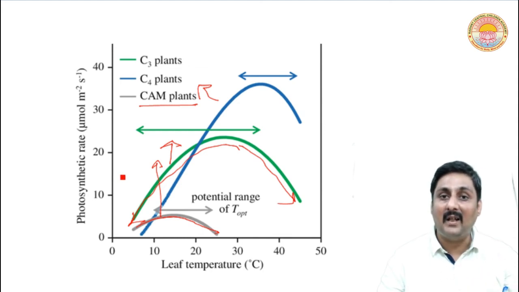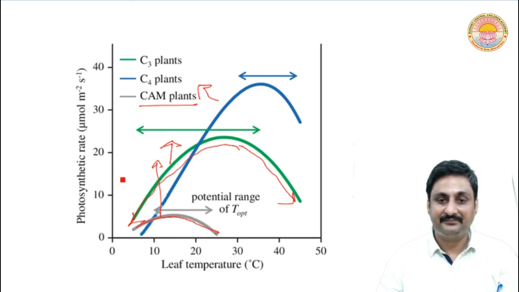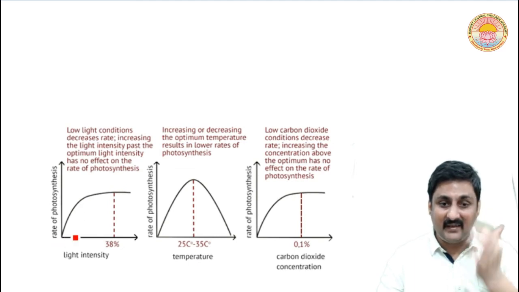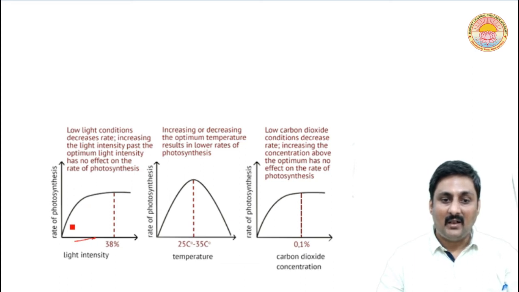If the temperature is higher, rate of photosynthesis will increase in case of C4 plants, but that is not in case of C3 plants. This can be observed from this diagram. Now here we are combining three things. See, light intensity, how it plays role in rate of photosynthesis. Up to a certain limit, rate of photosynthesis increases and then it becomes constant.